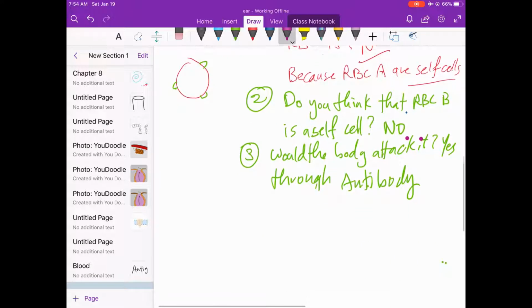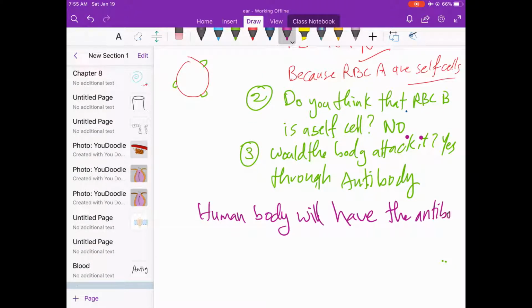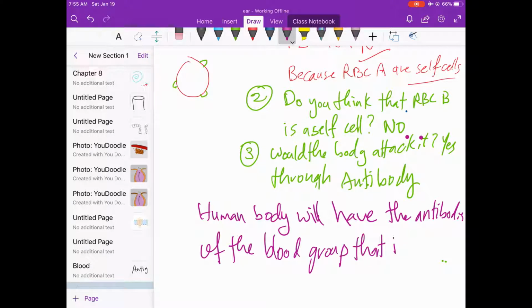So for these antibodies, usually a human body will have the antibodies of the blood group that is different from its own.